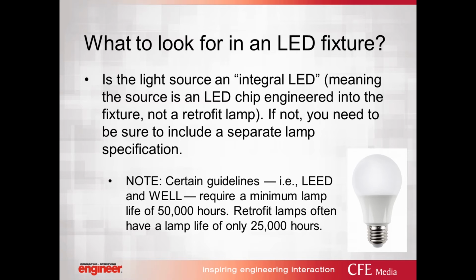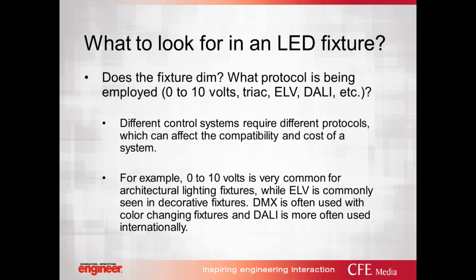But if you want a commercial architectural light fixture, generally you want to look for an integral LED. This means that the fixture itself was designed around an LED diode and does not require the separate retrofit lamp. Something to note that in LEED and WELL, we require a minimum lamp life of 50,000 hours, and some retrofits often do not live up to that, and they're only around 25,000.